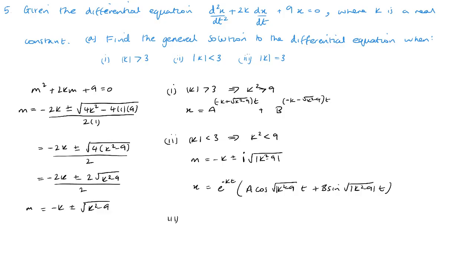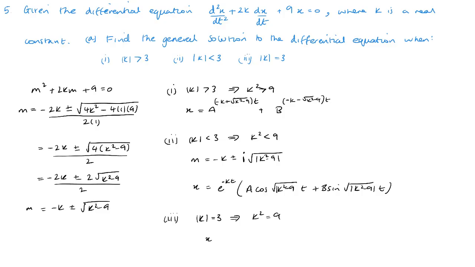And then scenario 3 is when k is equal to 3, so that means that k squared is equal to 9. So that means that inside the square root will be 0. So it's going to be repeated roots for this one.